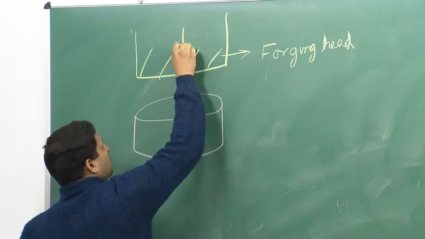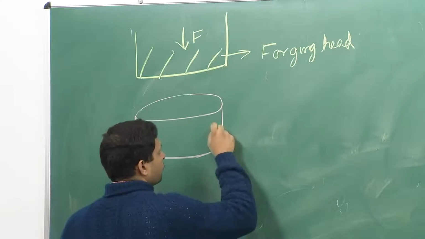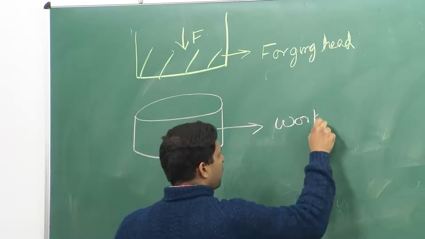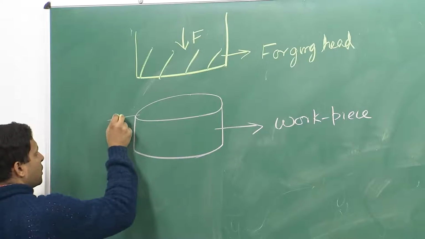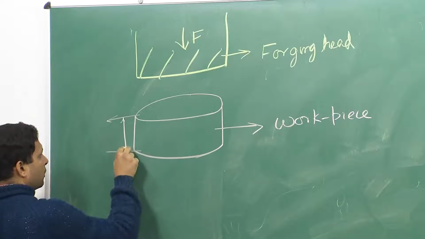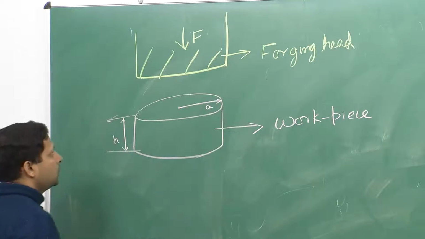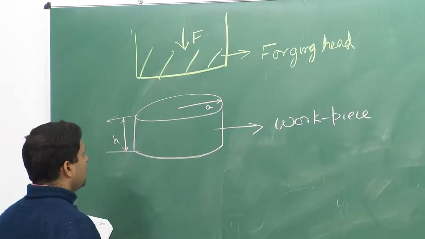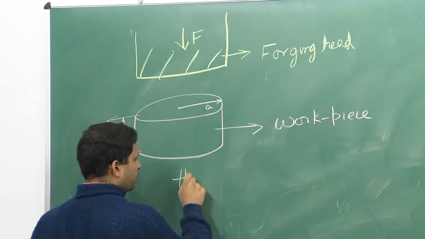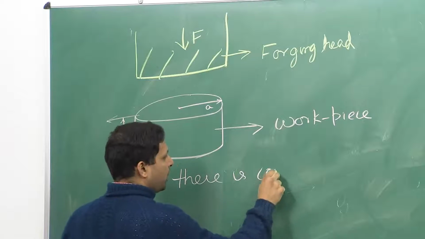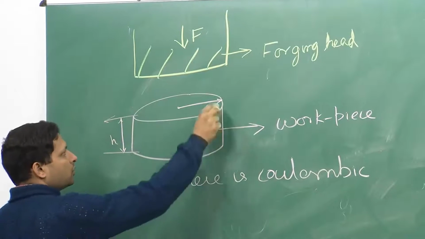So, this will come down with some force or pressure, and this is a workpiece that you want to deform and give some shape to. Let us say it has some height h, and since it is cylindrical, it has a diameter A. And let us assume that there is Coulombic friction. When I say there is Coulombic friction, I mean that this ratio value mu remains constant throughout the interface.